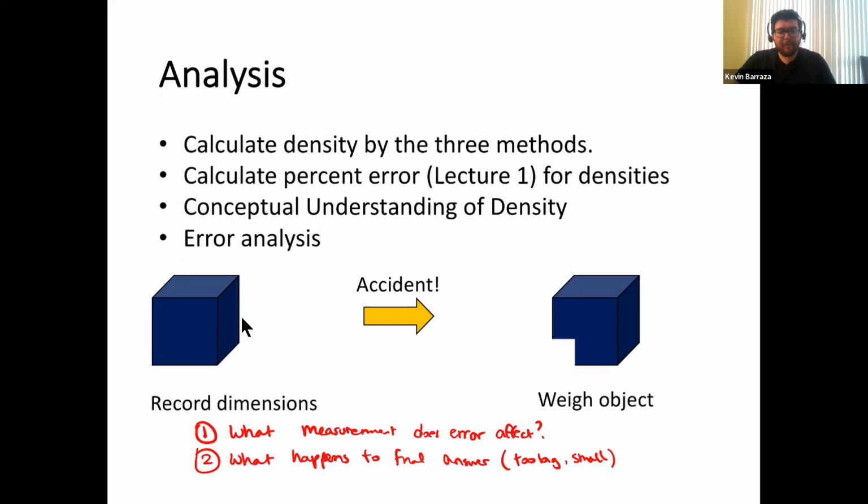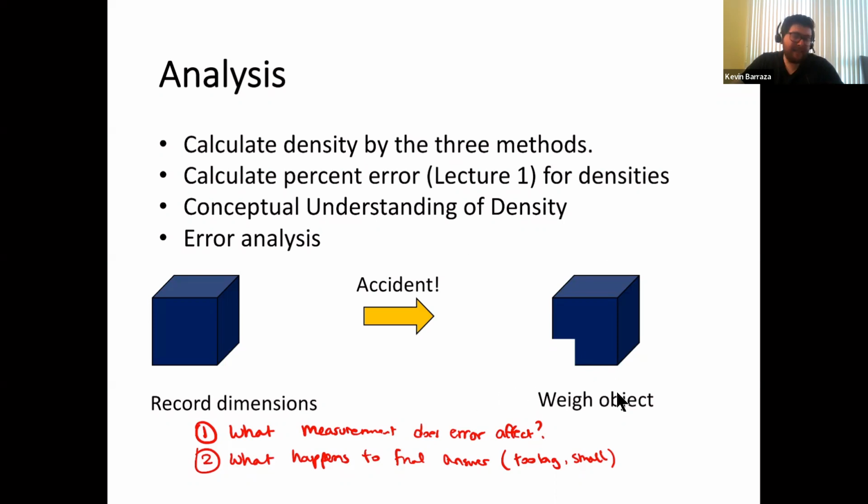So this is my scenario. I had this cube. I measured its length, width, height to get its volume. And then before I put it on the scale, it actually chipped. And then I weighed it. So what measurement this error affects is the first thing you have to identify when given an error analysis. Not just "I messed up," but what did you mess up? What did it immediately affect?